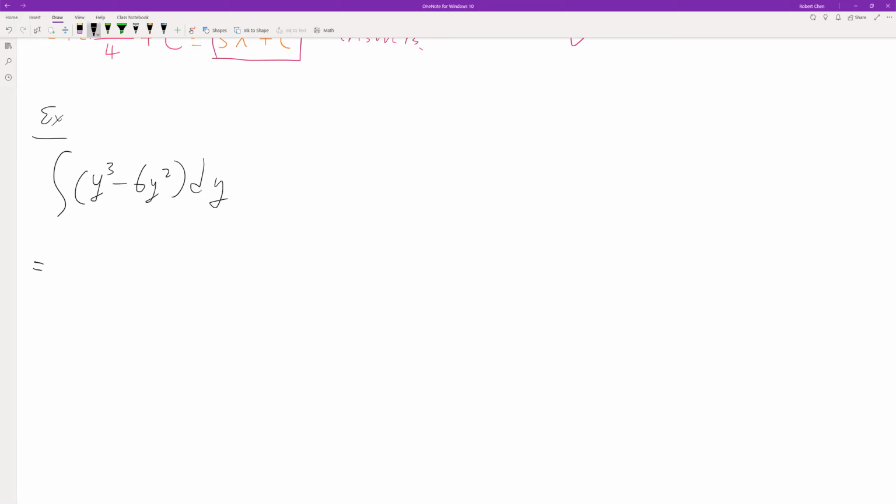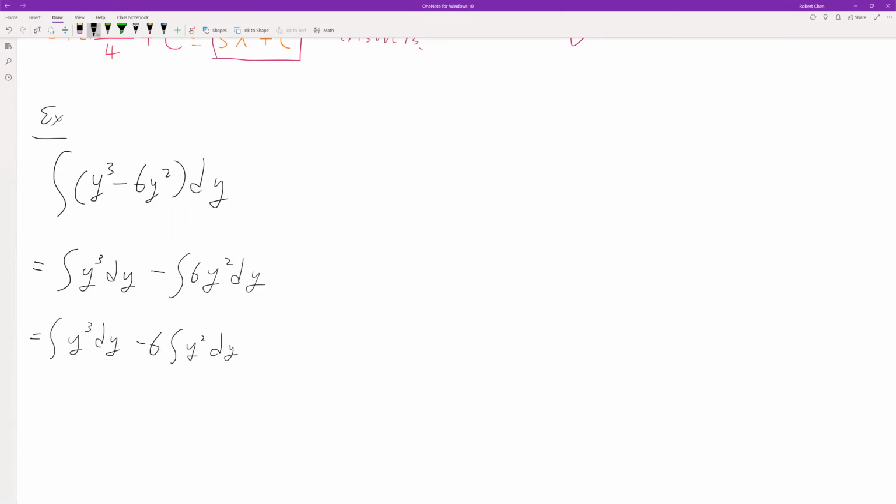First, I'm going to split this integral into two. The first one will be the integral of y cubed minus the integral of 6y squared dy. And then I'm going to clear things up a little bit by bringing the 6 outside of the integral, like that.